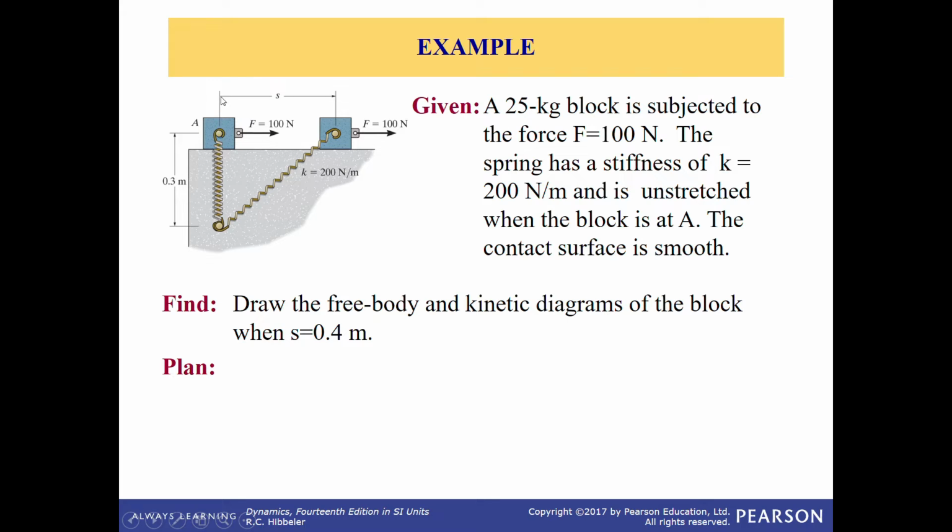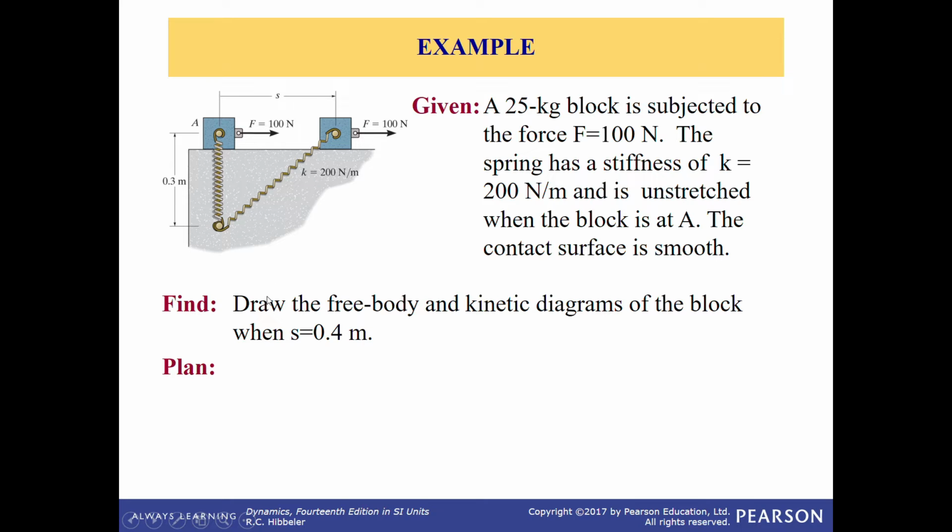After moving some distance S, the block is now located here. So the block is at a new position while the spring is stretched from this length to this length, and the spring has a stiffness equal to 200 newton per meter.